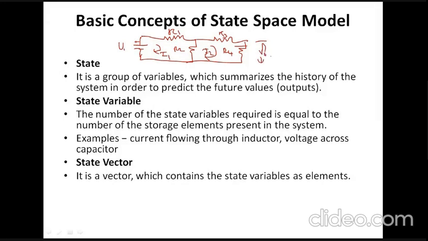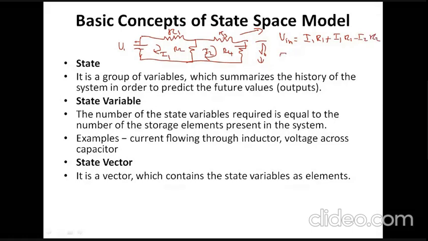Now how to get the state model for this electrical circuit? Simply applying KVL, you will get Vin is equal to I1 R1 plus I1 R2 minus I2 R2.